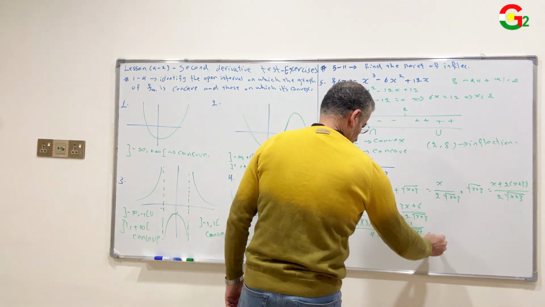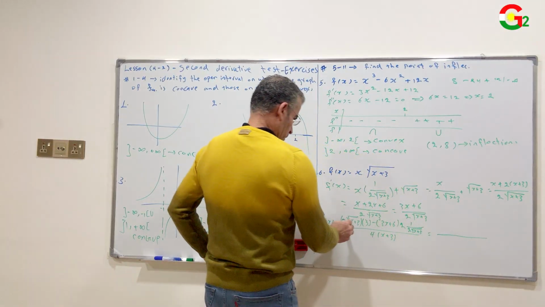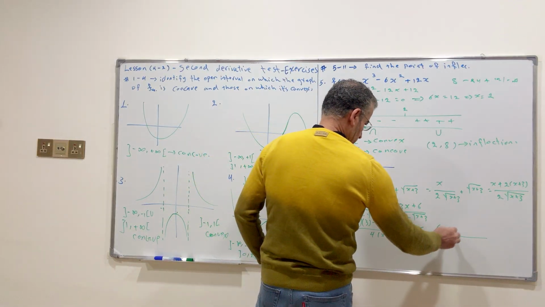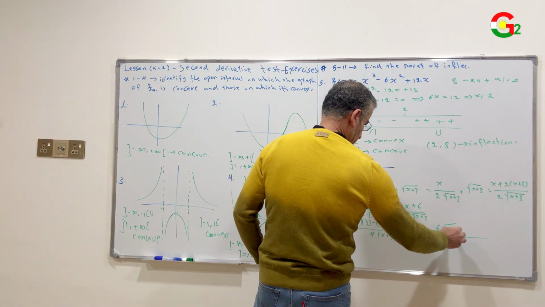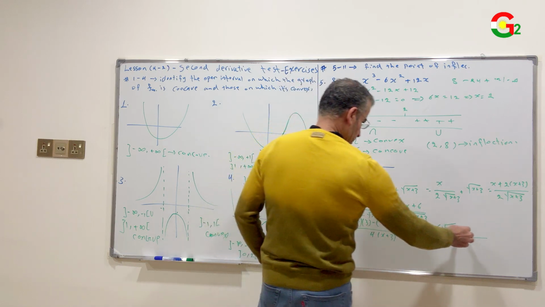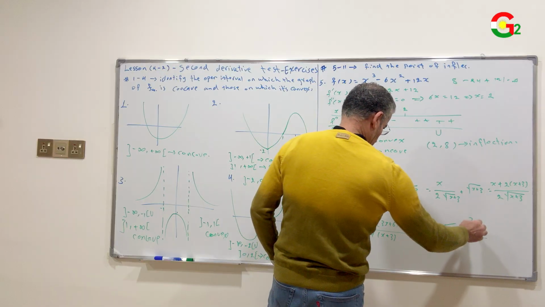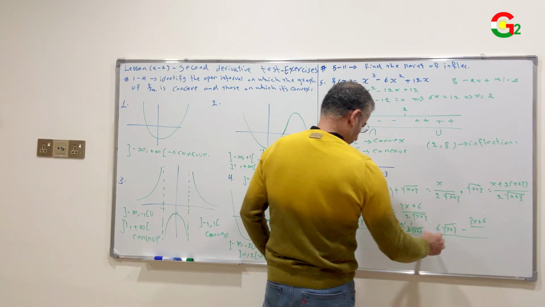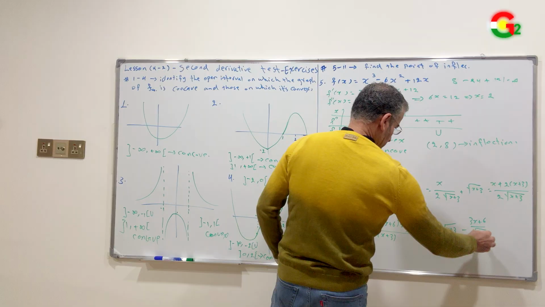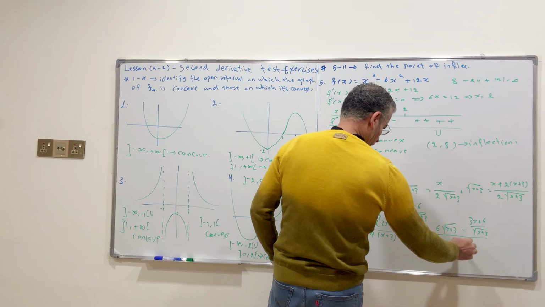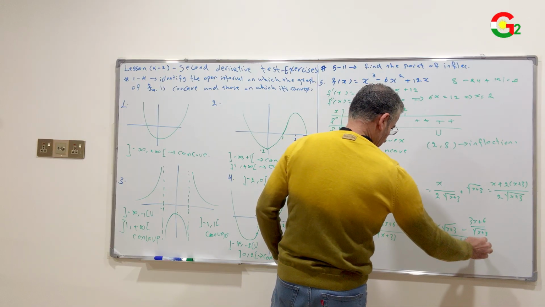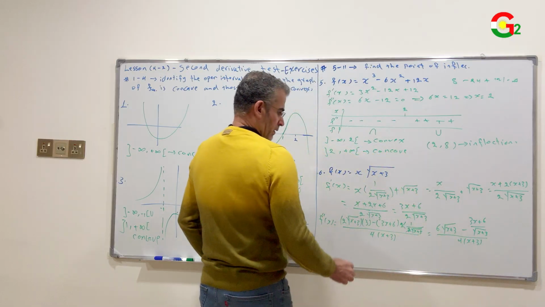Simplify this: 3 times 2, 6 square root x plus 3, minus, reduce 2 with 2, 3x plus 6 over square root x plus 3, over 4 times x plus 3.